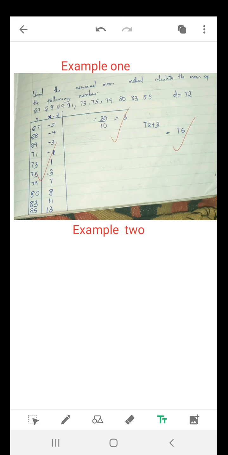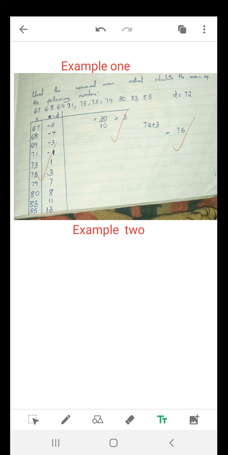So then I created a column of X to represent the values, then a column of the deviations from mean, such that if 67 is my first value, I take 67 minus 72 to get -5.